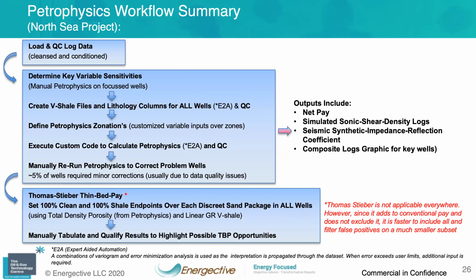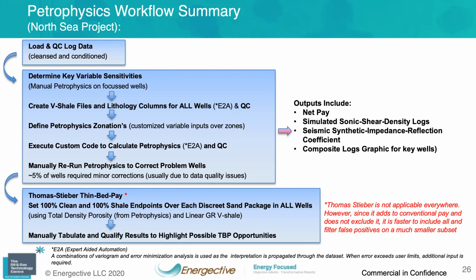Here's our petrophysical workflow. We are using a methodology here. Our E2A, our expert-aided automation, is a combination of geostatistics and neural networks. I have worked in both for the last 25 years in mobile research. I worked on an original product called SigmaView that was with Western, and on Emerge that went to Hampson-Russell.